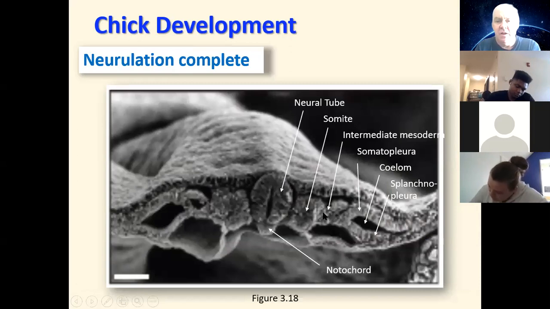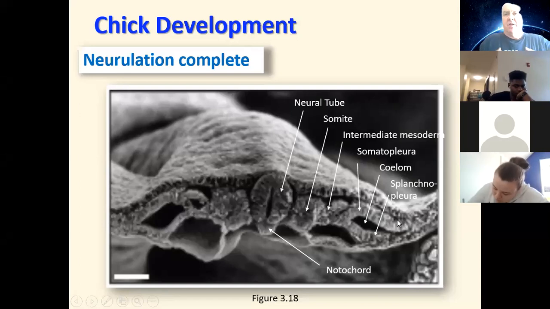And then we saw a schematic form of this in the last class, I believe. So now you've got, this is all mesoderm over here. This is lateral mesoderm. And the lateral mesoderm is divided into somatopleural, right? And the somatopleural will be like ribs and muscles and limbs.